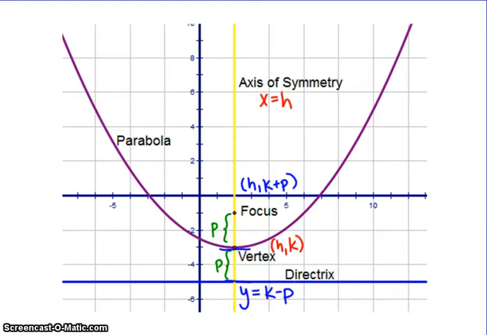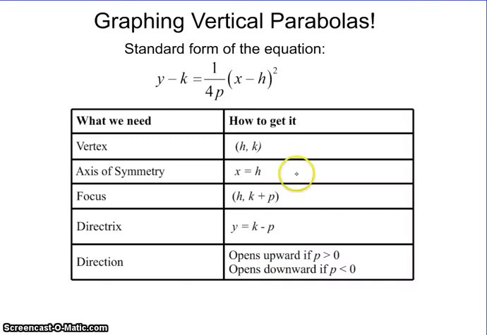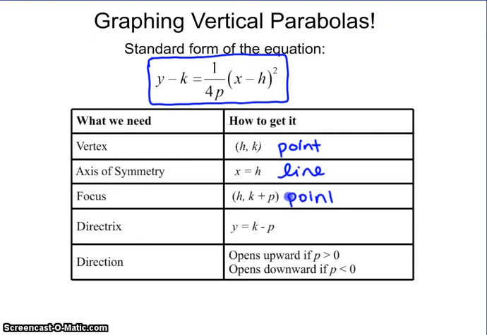So what we're looking at here is a graphic organizer of everything that I've just said. Here's the formula for vertical parabolas. We need to find the vertex, which is a point, the axis of symmetry, which is a line, the focus, which is a point, and the directrix, which is a line.